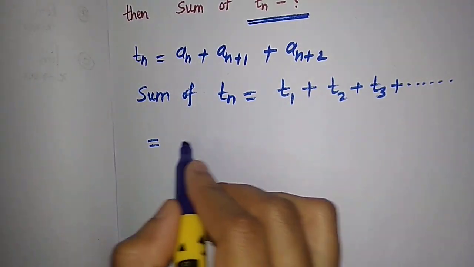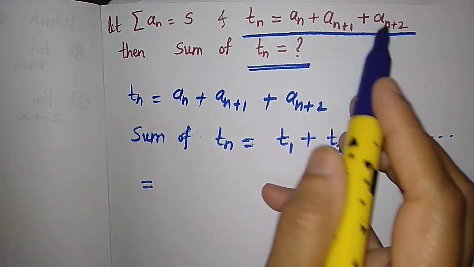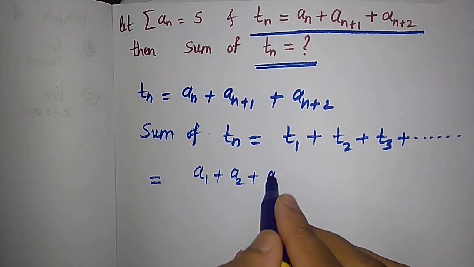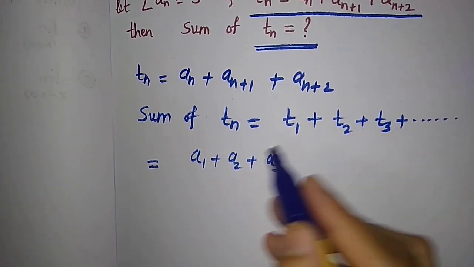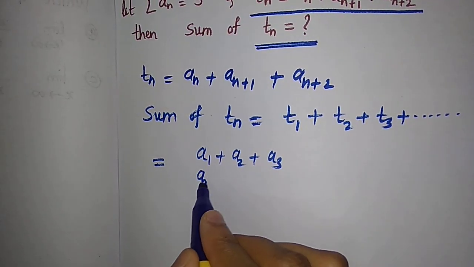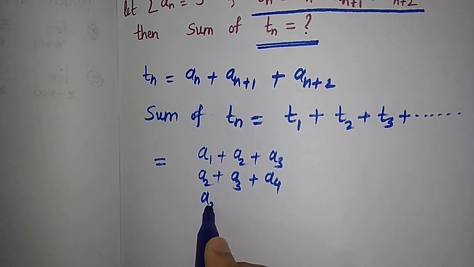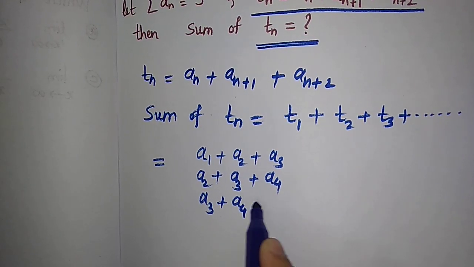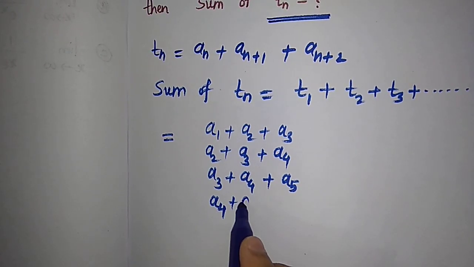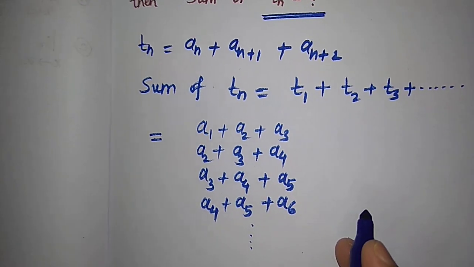So T1, you put n equal to 1, is a1 plus a2 plus a3. Then for simplicity I am writing it like this. T2 will be a2 plus a3 plus a4. Then T3 is a3 plus a4 plus a5. Then T4 is a4 plus a5 plus a6 and so on. Correct.